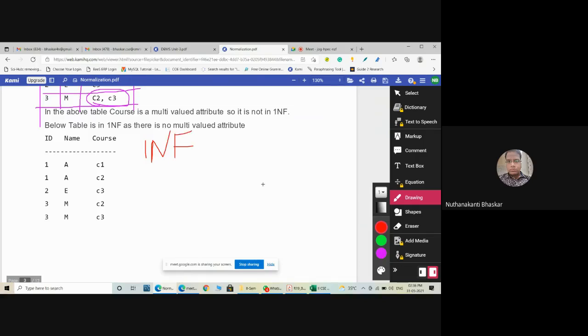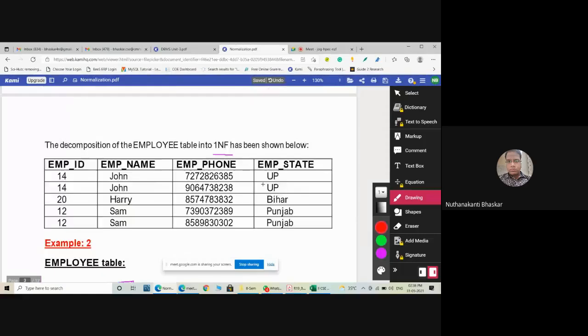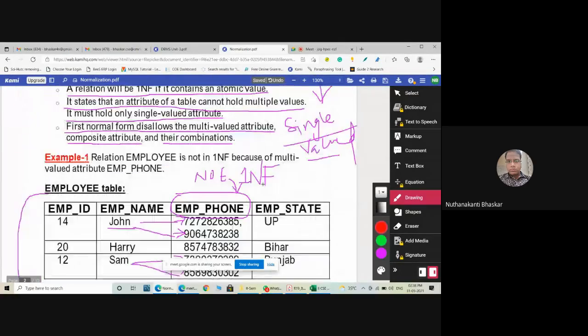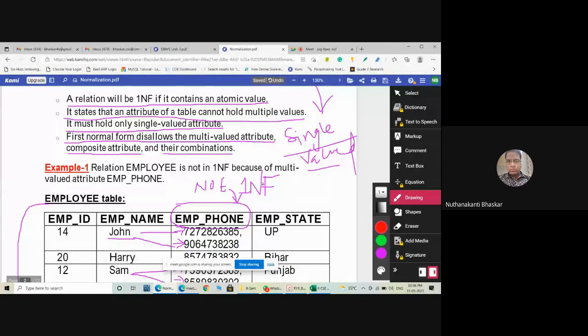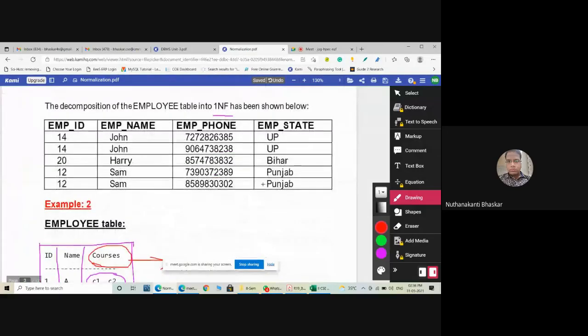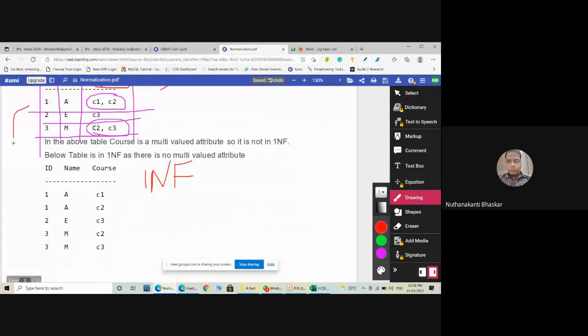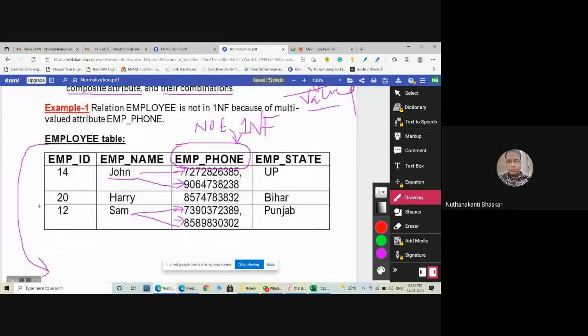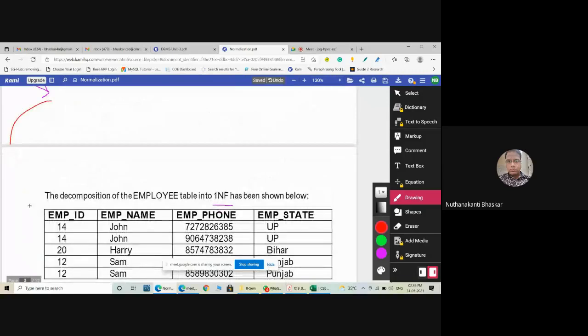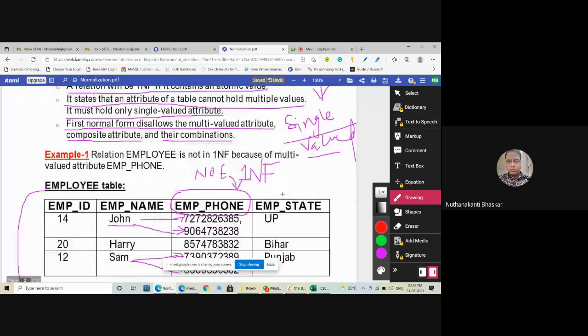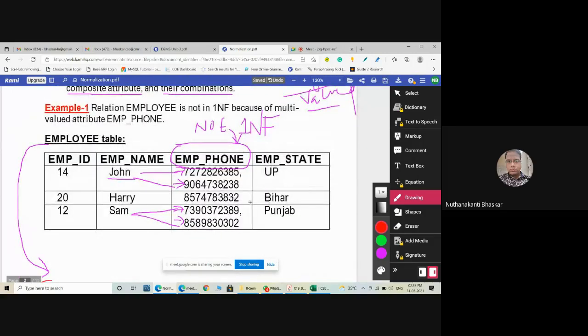Can anyone tell your observation of this first normal form, after conversion of the relation into first normal form? Is there any drawback? This is before first normal form, and this is after.